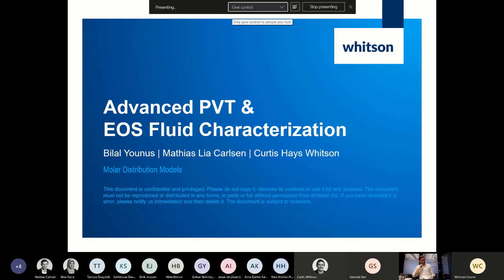When Mo was doing the study and asked them if they measured the C7 plus molecular weight, they said yes. When he insisted and asked whether they measured the C7 plus molecular weight or the average flash oil molecular weight, they said okay, yes, we measured the average flash oil molecular weight and not the C7 plus. So it was a wrong communication from Stratum. Okay, thanks. That's clear now.